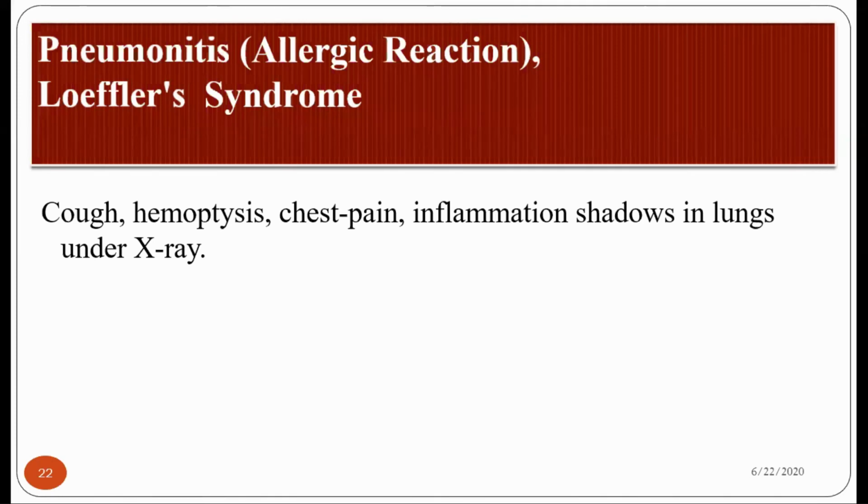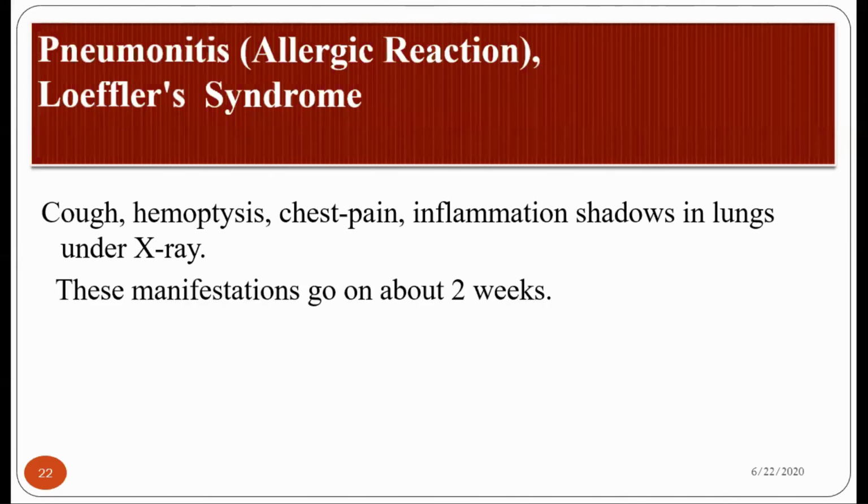During the heart-lung migration of the filariform larva, we can see cough, hemoptysis, chest pain, and inflammatory shadows in the X-ray of the lungs. These allergic reactions, similar to pneumonia, can be seen in infected persons, and it lasts for about 2 weeks.